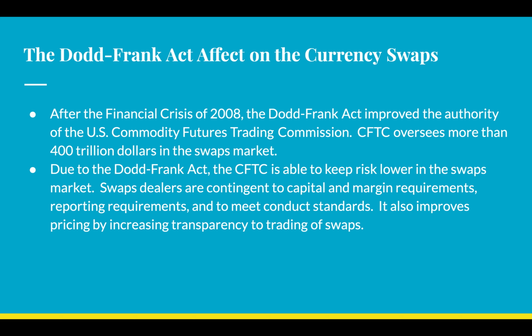Due to the Dodd-Frank Act, the CFTC is able to keep risk lower in the swaps market. Swaps dealers are subject to capital and margin requirements, reporting requirements, and conduct standards. It also improves pricing by increasing transparency to trading of swaps.